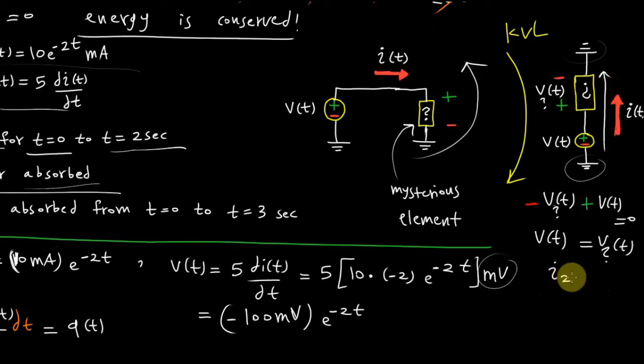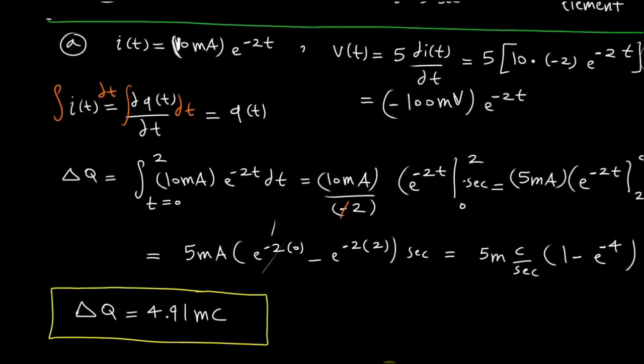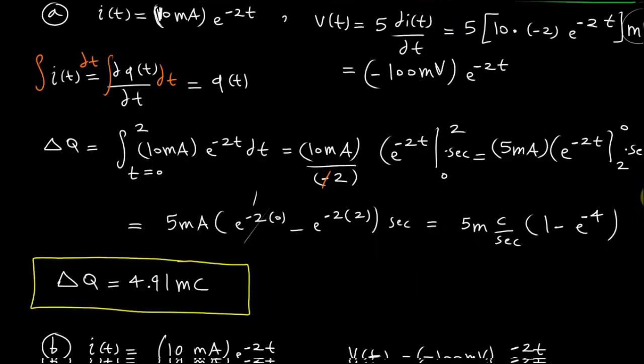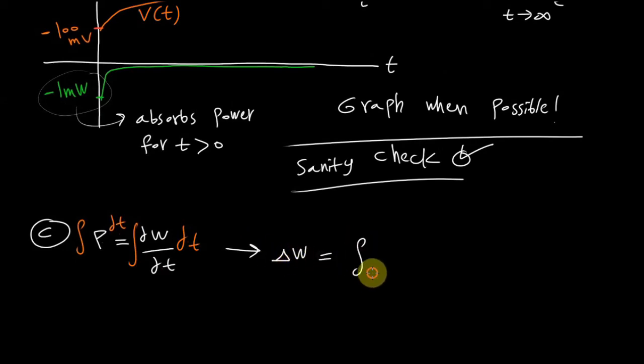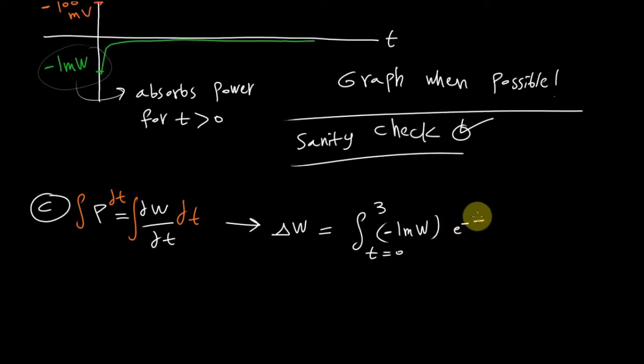Now going up to part C, power is given as dW with respect to time. You get that the energy transfer from t equals 0 to 3 is the integral of the power given here. And when you factor out the negative 1 milliwatt and take the integral, you have a negative 4 introduced at the bottom there.